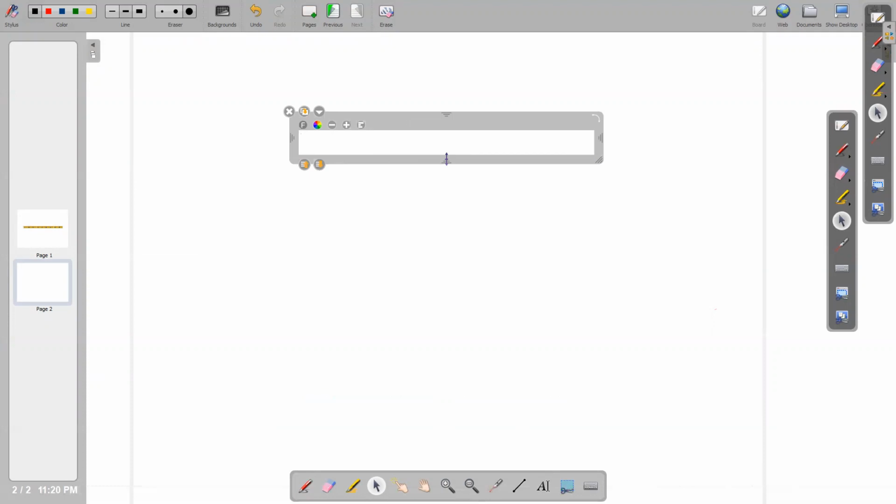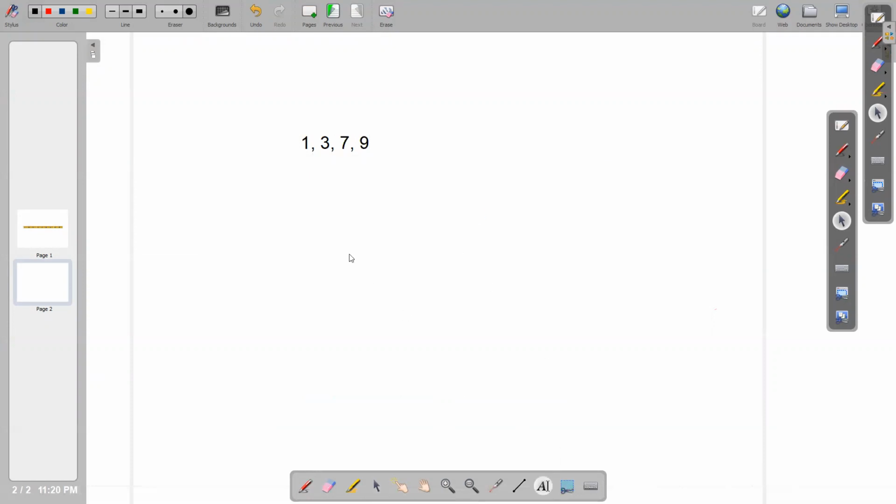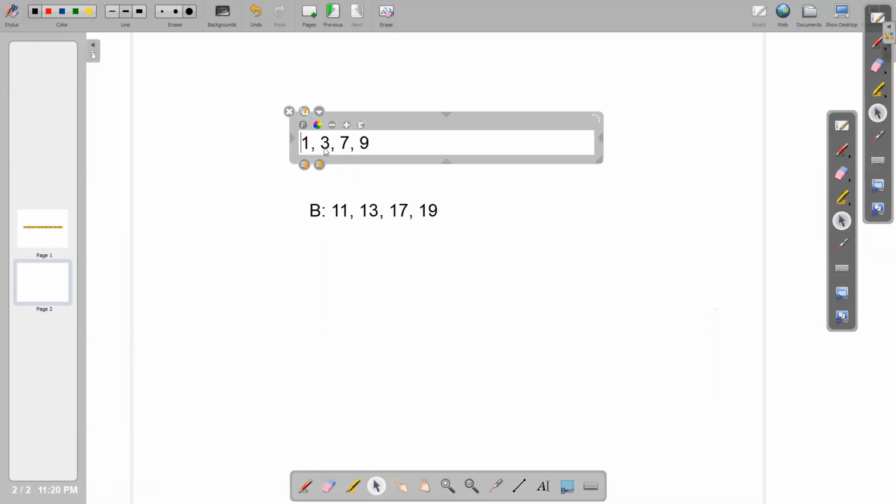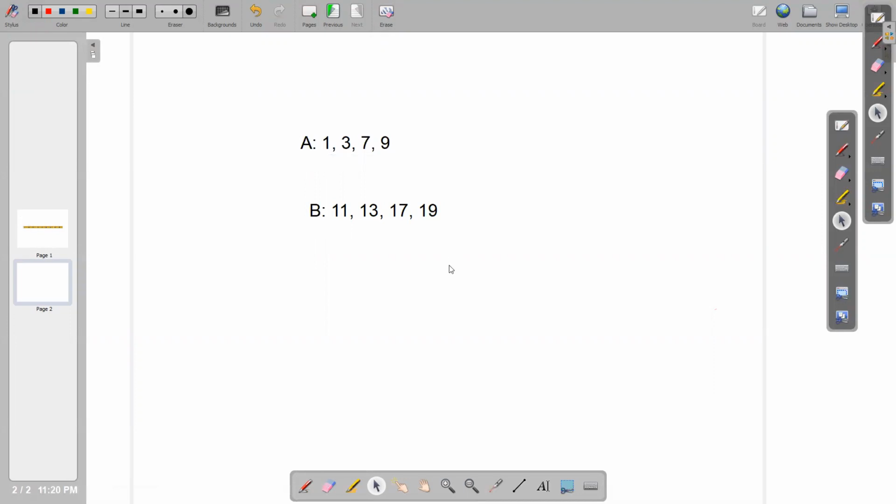So for example, I have 1, 3, 7, 9, and then I have maybe 11, 13, 17, 19, right? So this is group B, and this is group A. So I can ask you, which group has larger mean, which group has a larger standard deviation, but don't calculate it, just look at the data.